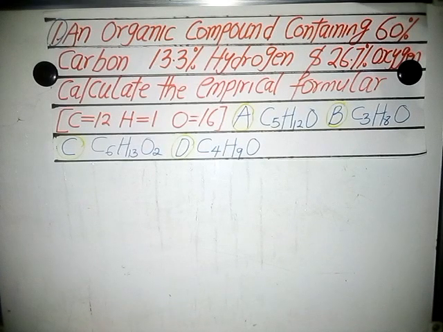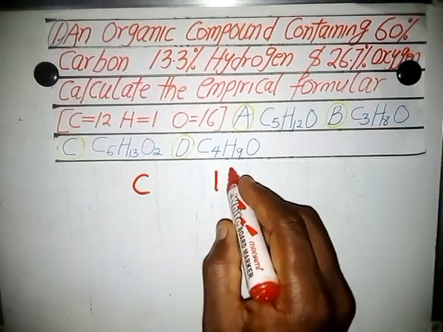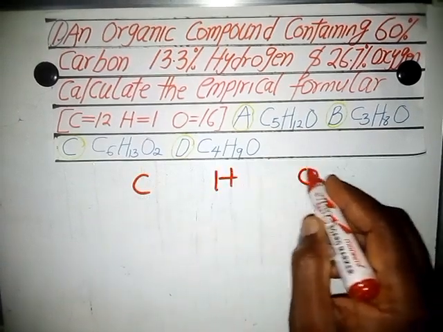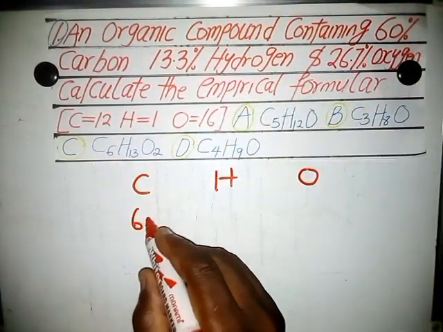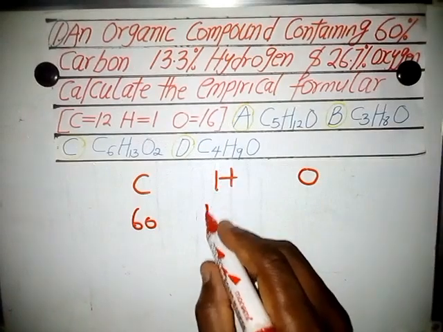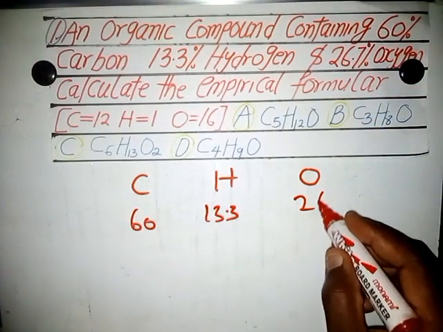So carbon is 60, hydrogen is 13.3, then oxygen is 26.7.